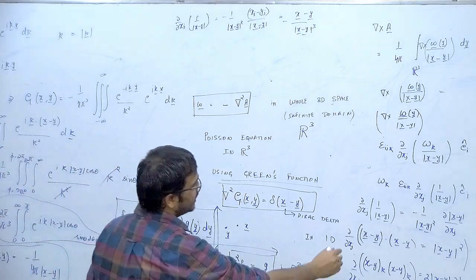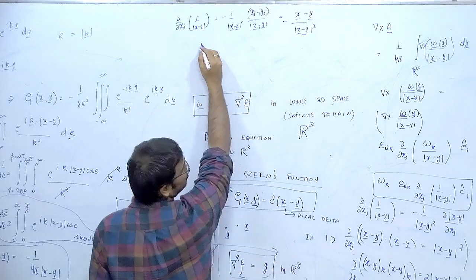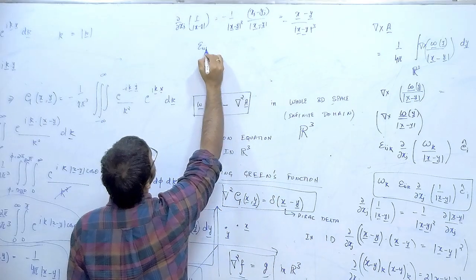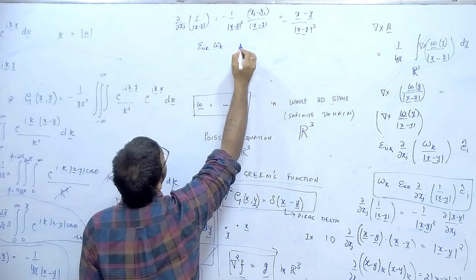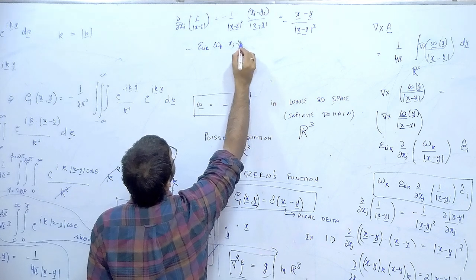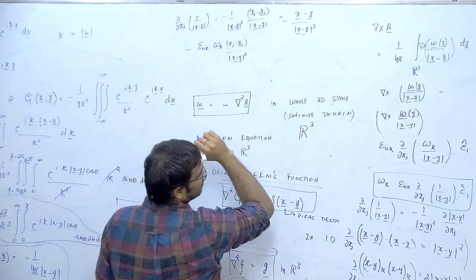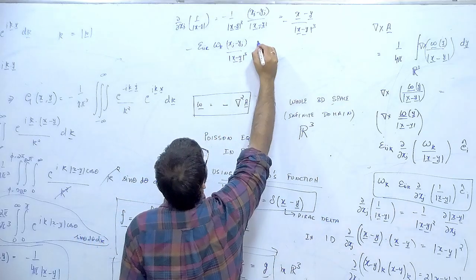Let us substitute that here: epsilon i j k omega k and then minus x j minus y j over mod x minus y cube, which is a scalar, times e hat i.